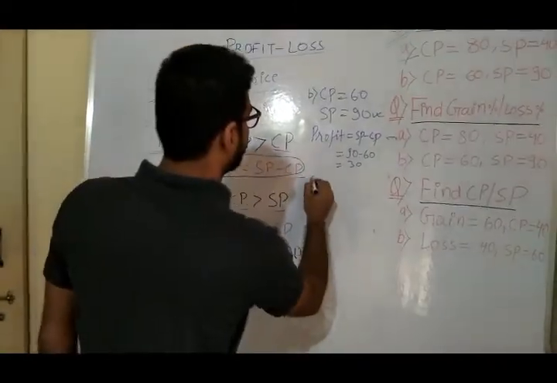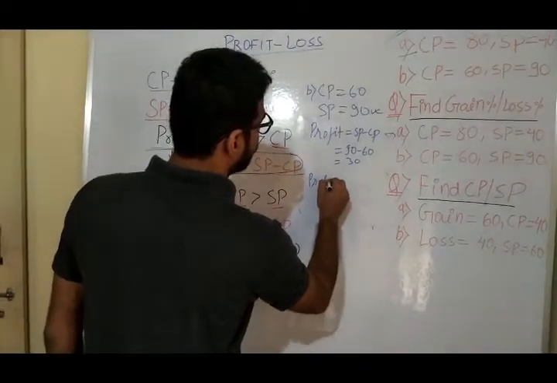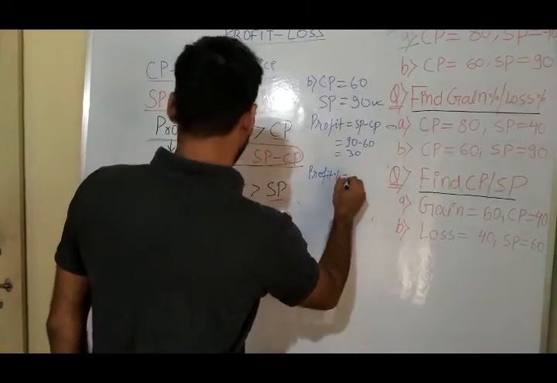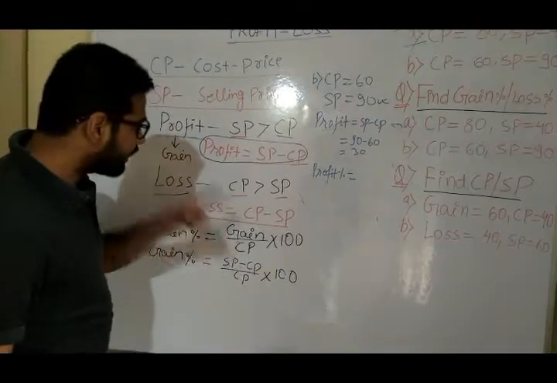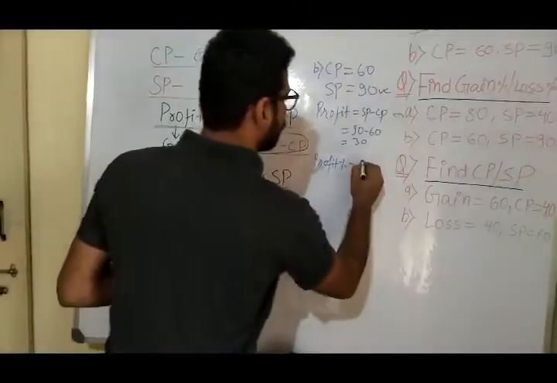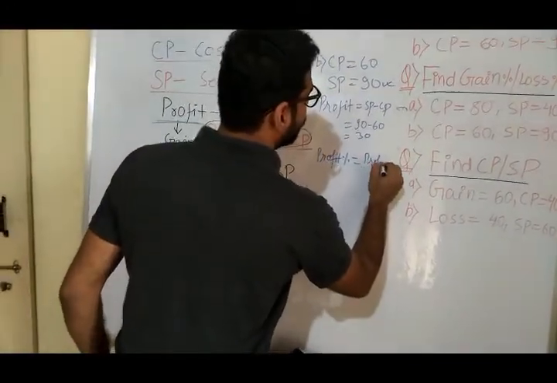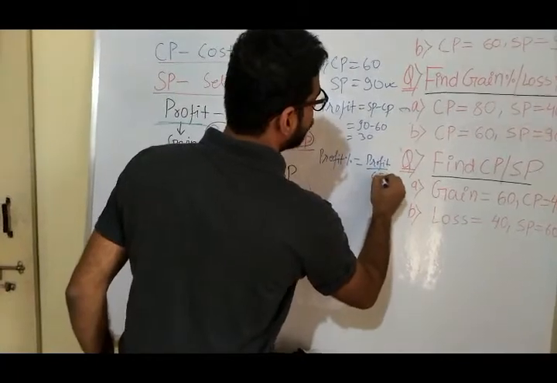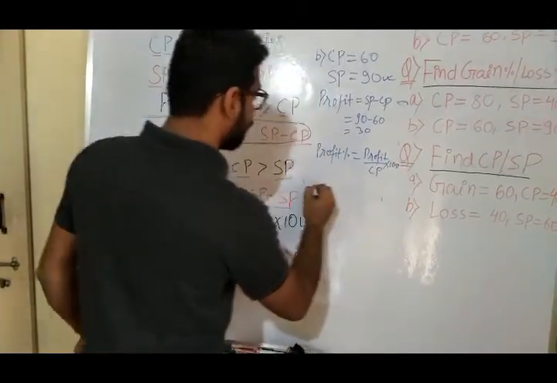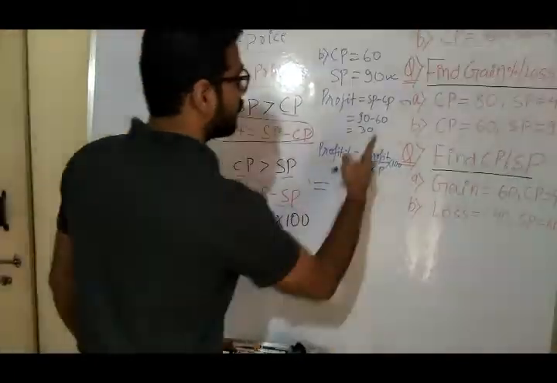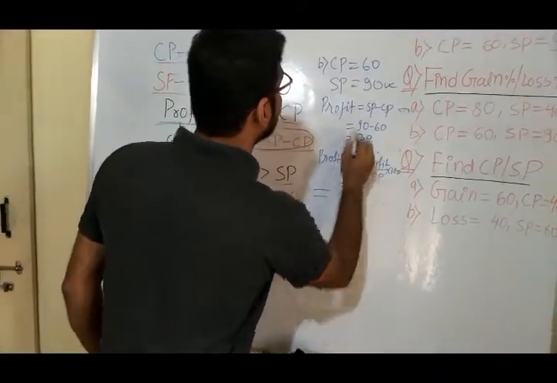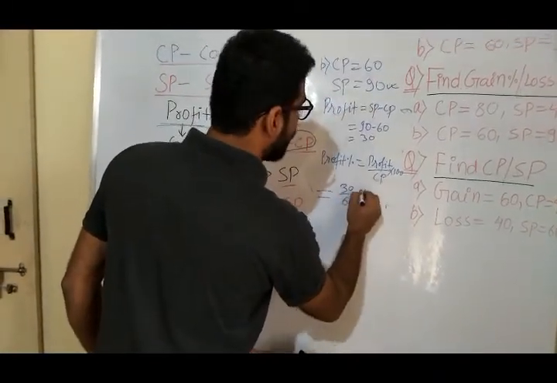Now we will put the formula of profit percentage. Profit percentage is equal to gain by CP, meaning profit by CP, into 100. How much profit is there? Profit is 30 and CP is equal to 60, into 100.